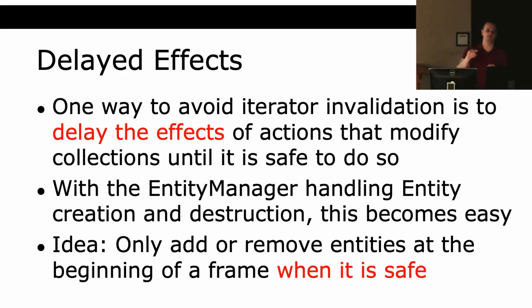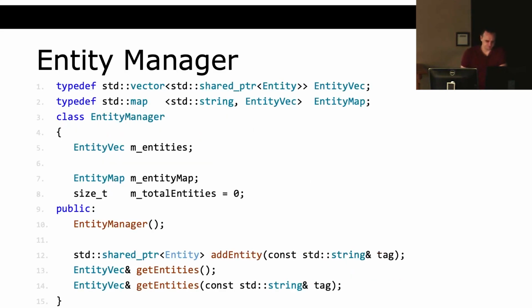It's going to be deleted at the end of the next frame. Okay? I don't think you will have any issues with this. I've never had issues with it. But just keep in mind that if you add a bullet on this frame, it's not actually there. It cannot actually collide with anything until the next frame. So everything is pretty much one frame delayed in that way.